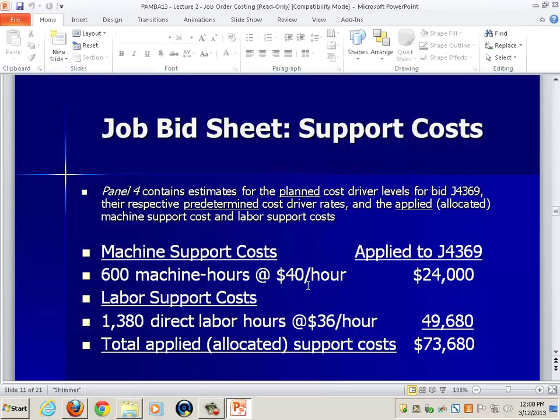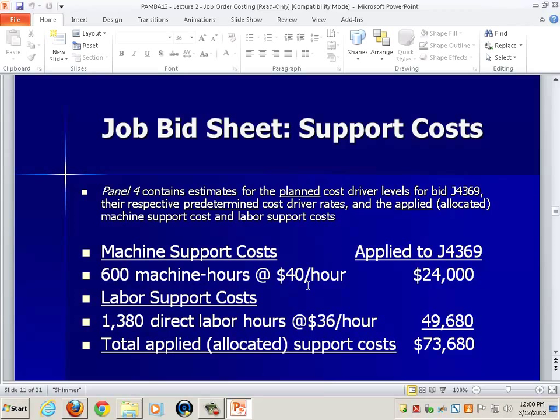So the direct labor hours used for our job we already calculated as 1,380. We have to multiply it by the allocation rate of the indirect labor hours per hour of direct labor, which is our cost driver, and the number is 36. It's not shown explicitly how it's calculated, but it's calculated the same way as the $40.